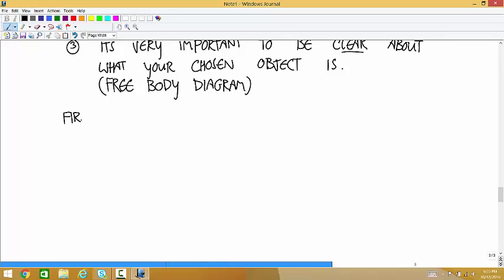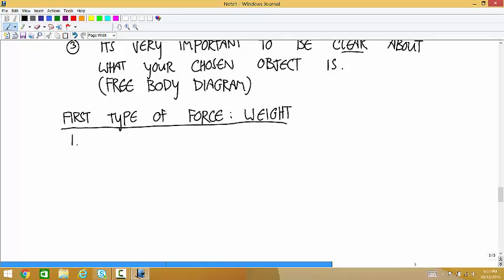So let's say this is the first type of force. Weight. The question is, how do we know how hard gravity pulls on objects?